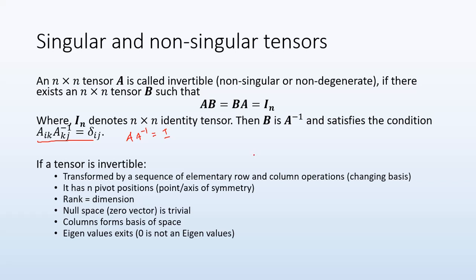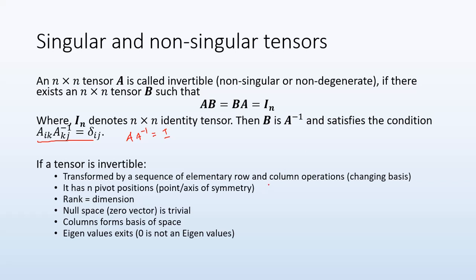While defining tensors, we have already said that tensors are invariant under transformation. So changing the basis can be done. Actually every column or every row represents its basis vectors. So when we are changing the row or column, we are actually changing the basis.